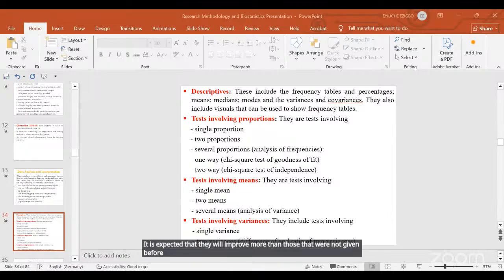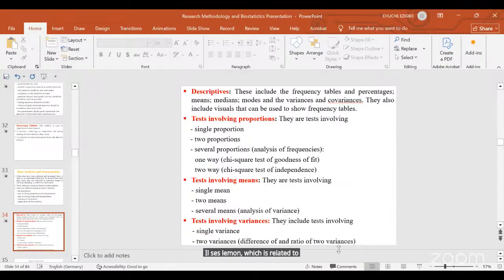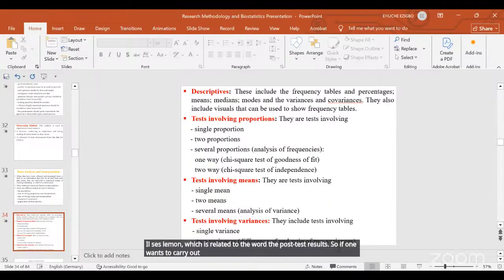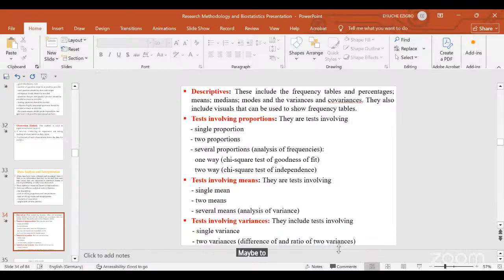I hope it's understood. So in this case, one will now be seeing that the pre-test result is a variable which is related to the what? The post-test results. So if one wants to carry out, maybe to subject these results to analysis using ANOVA, the use of ANOVA there will be to use only the post-test results. That brings about what? ANOVA.